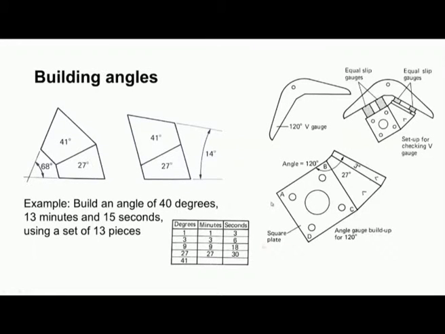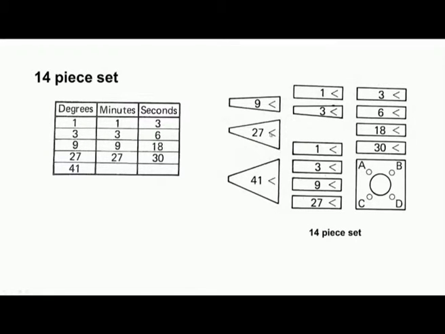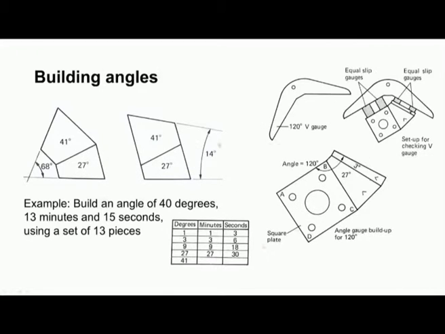Now, how do we build the angles using these angle gauges? You can see here in the previous picture we saw, we have this mark which indicates that this side is having smaller width and the other side is having a larger width. When we keep the angle gauges in this fashion, wherein the mark is like this, then the angle between this surface and this surface is 27 degree plus 41 degrees.